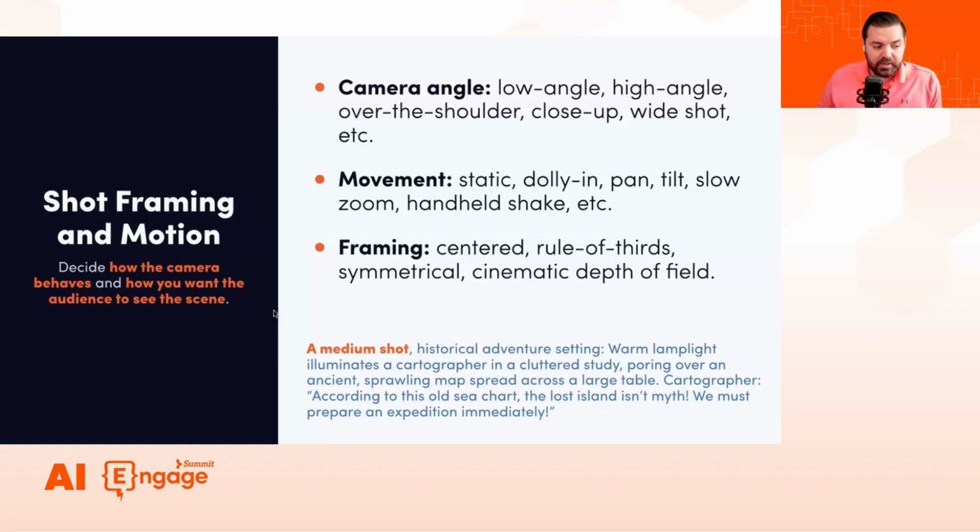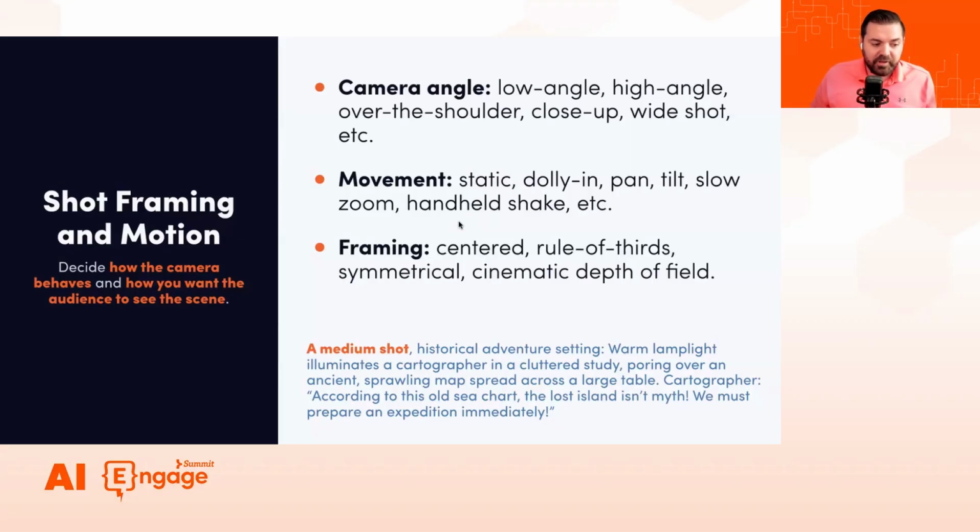When you look at this, we look at the shot, framing, and motion. That was the first thing, right? In the prompt that we saw before, a medium shot is the only thing that's the framing. Usually this describes how the camera behaves, or how you want the audience to see the scene. Is it a close up? Is it a camera angle, like a low angle or high angle? Is it over the shoulder, or a wide shot?